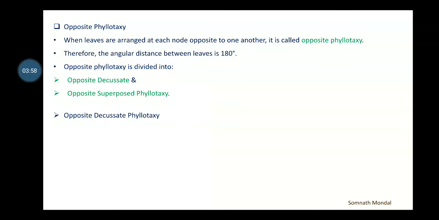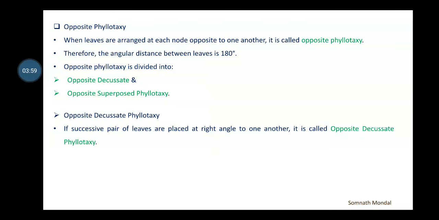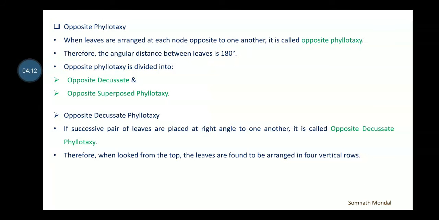First, opposite decussate. If successive pair of leaves are placed at right angle to one another, it is called opposite decussate phyllotaxy. Therefore, when looked from the top, leaves are found to be arranged in 4 vertical rows.